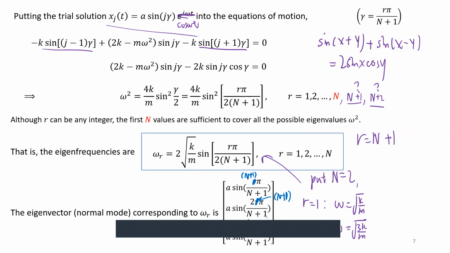So for r equals n plus 1, you just get a zero vector as your eigenvector, and that won't be a normal mode that we want. So what about the next one? We try n plus 2. What happens?